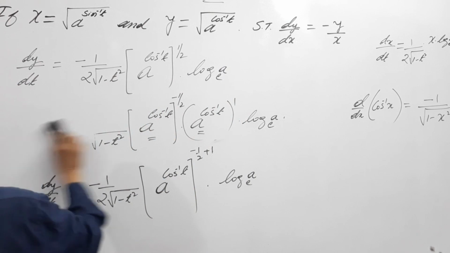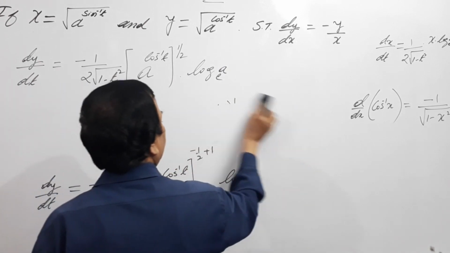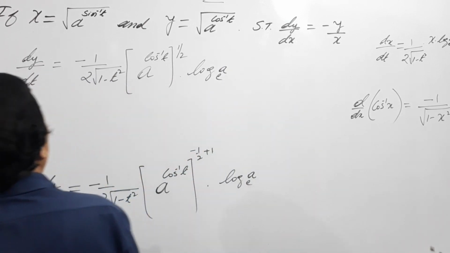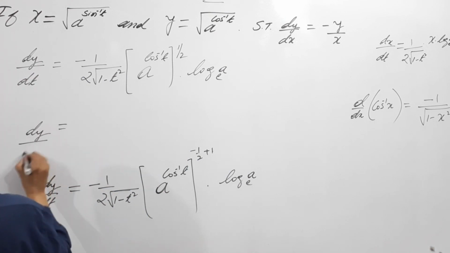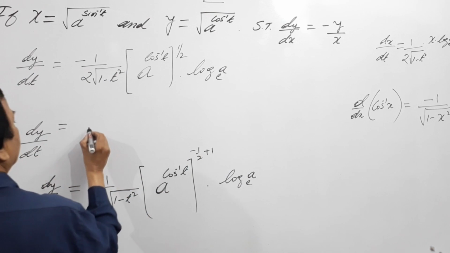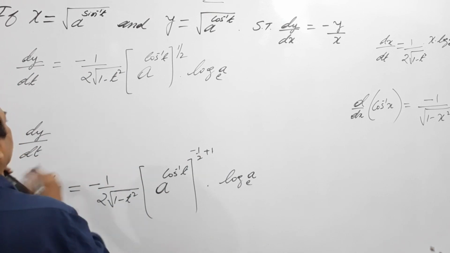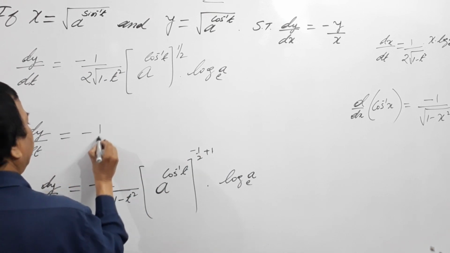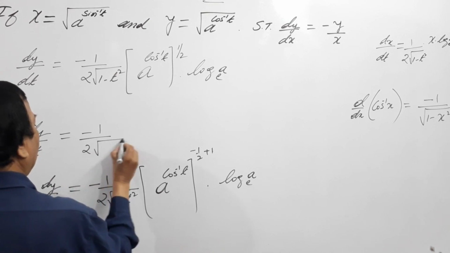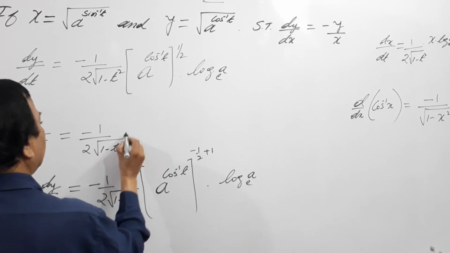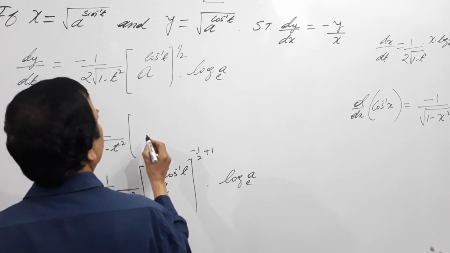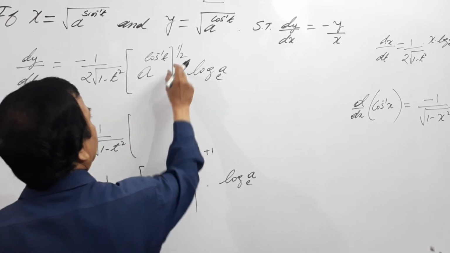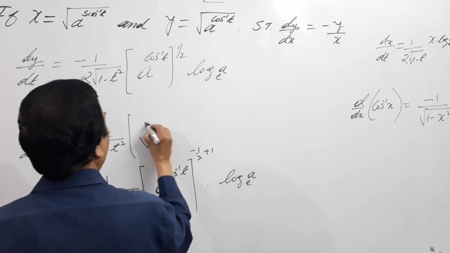I'll rub this. This dy by dt equals to minus half into 1 minus t square. So this becomes what? I'll write this under the root.